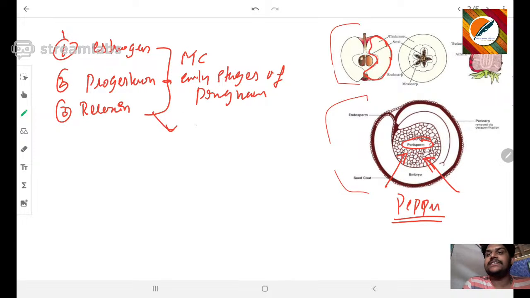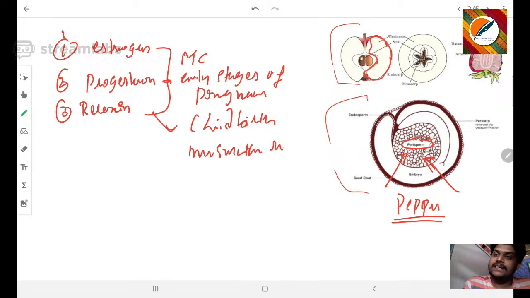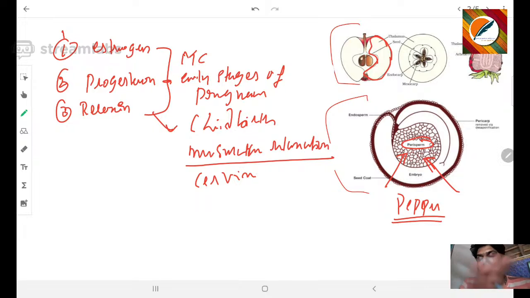Relaxin helps in childbirth. During childbirth it is released in a heavy amount, which causes muscular relaxation, that is, the cervix relaxes for the birth of the child.